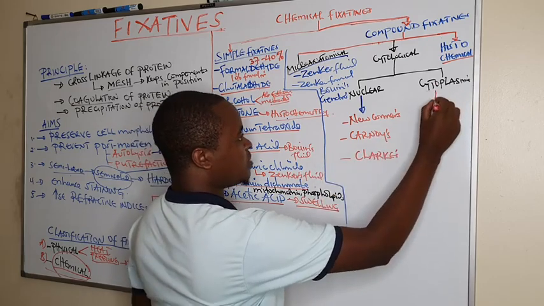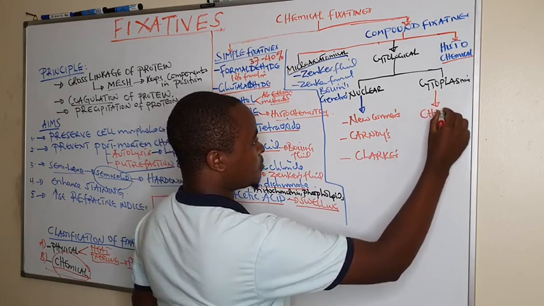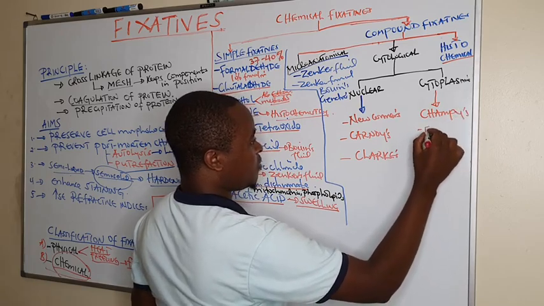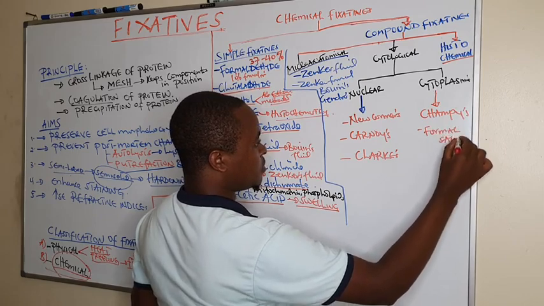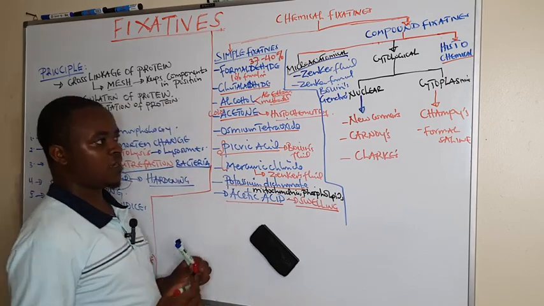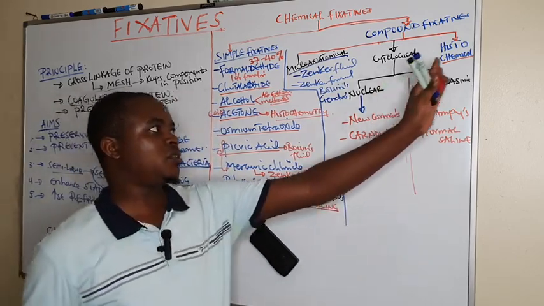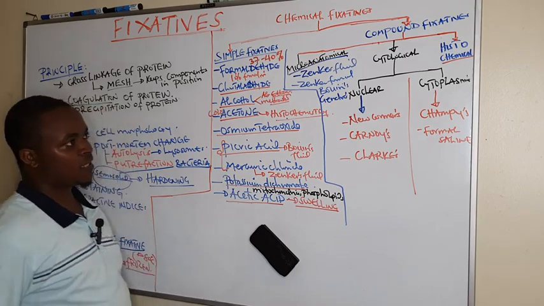Then cytoplasmic, we shall see only Champy's fluid and formol-saline. Then under histochemical, we shall see only cold acetone as an example.